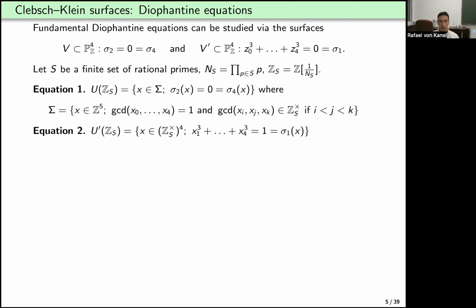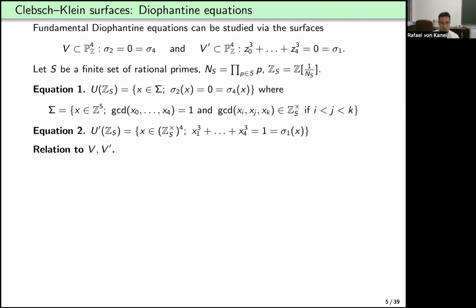The second equation is U prime of ZS, which is all x in ZS star to the 4 such that the sum of x1 cubed plus through x4 cubed equals 0, and sigma 1 of x equals 1.